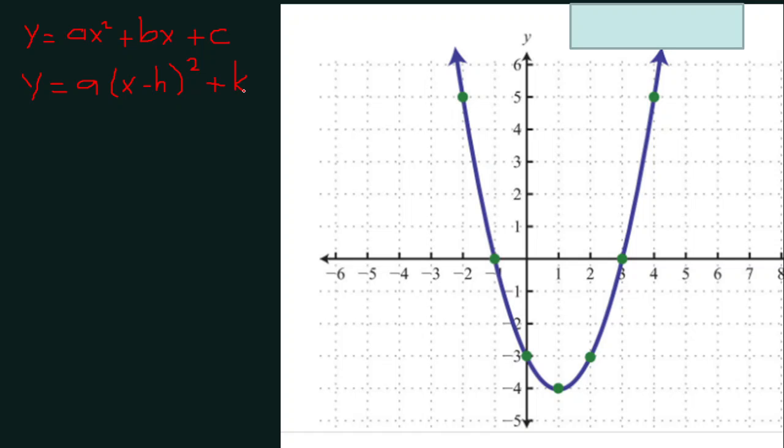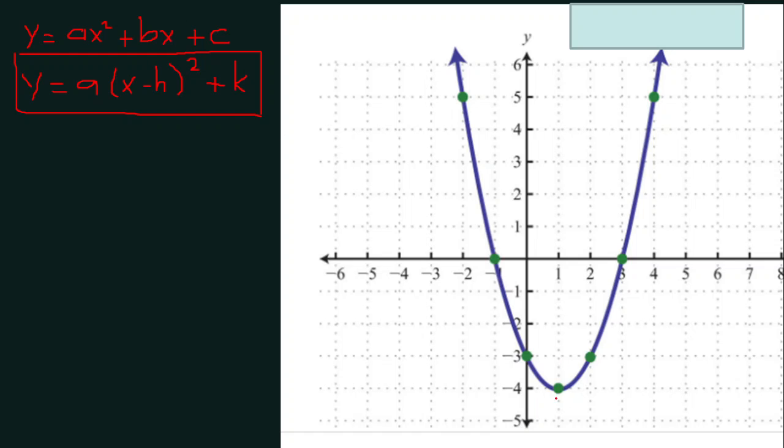Now since our problem is to find the equation of a quadratic function given the parabola, the best equation to use in solving for this parabola is the vertex form. Why?